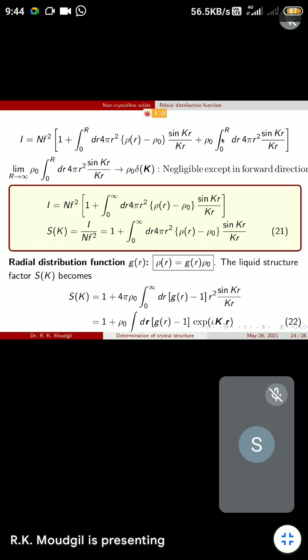So it means this second term in this expression is negligible except in the forward direction, क्योंकि forward direction में delta K आपका non zero है.